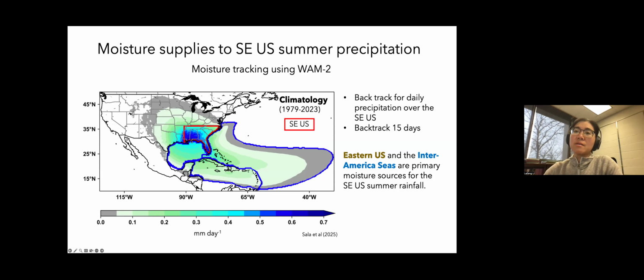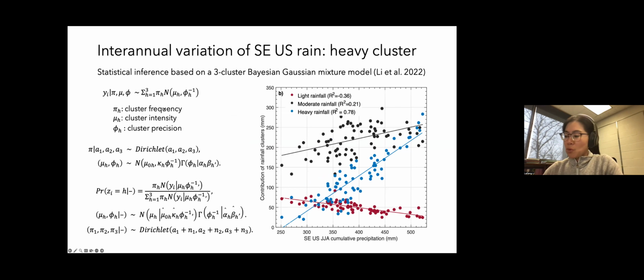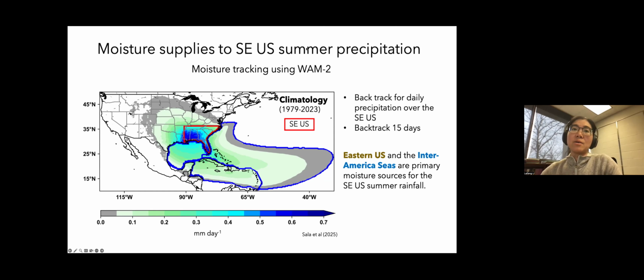So according to this figure, those color shaded are the regions that are making significant moisture contribution to the southeastern US. If we sum up over the entire region that is color coded, it accounts for 95% of the total moisture that is responsible for the southeastern US summer precipitation.